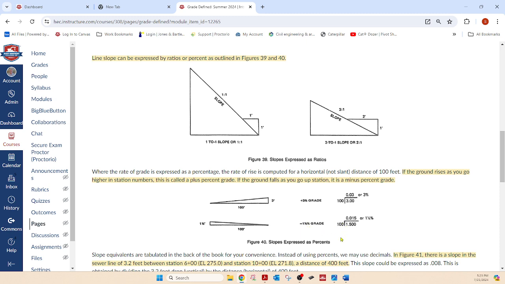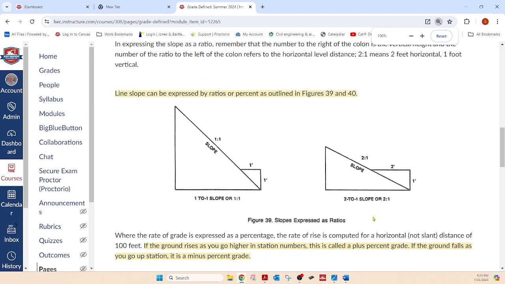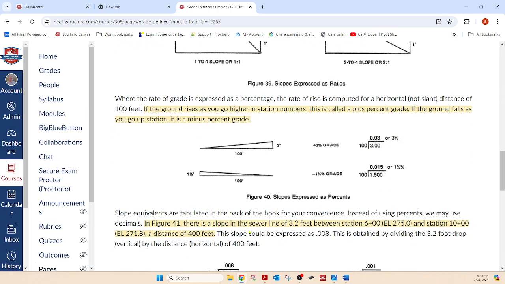They're arriving at that in a way I don't do it. If I want to know the percent grade of this particular slope, I wonder if I can make this a little bit bigger. A little bit, yes.